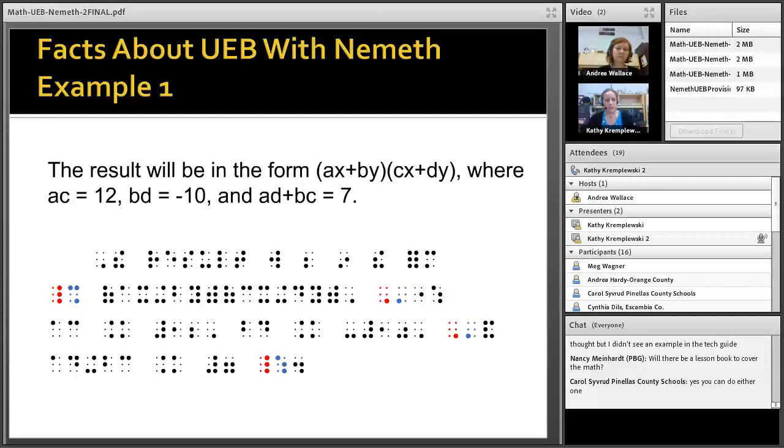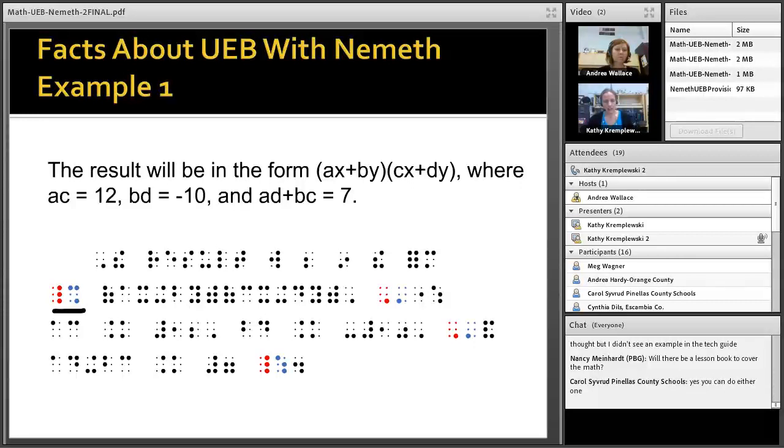All right, so we've got: the results will be in the form (AX plus BY)(CX plus DY), comma, where, that's your single word, AC equals 12, comma, BD equals -10, comma, and your other single word, AD plus BC equals 7, period. Notice we've got our opening Nemeth symbol before that first set of AX plus BY.